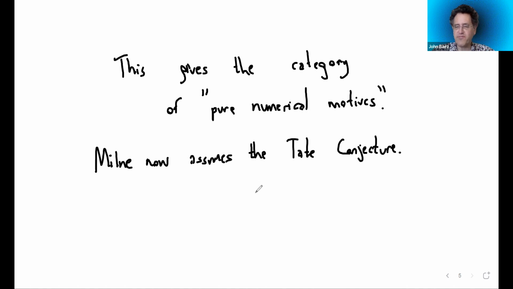The Hodge conjecture is about complex varieties, so it's an F_q analog of the Hodge conjecture, sort of.